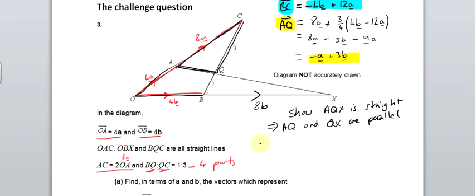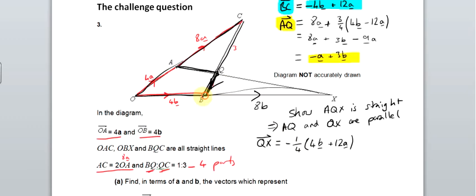So how do we go from Q to X? Well, here's Q, here's X, we're going to go down here and along there. So this is minus 1/4 of CB. So it's minus 1/4 of, and CB is, remember it's the other way around, it's 4b plus 12a, because I'm going in this direction. This is the CB direction, and the BC vector here is obviously the opposite direction, which is why I've changed the signs on both of these.